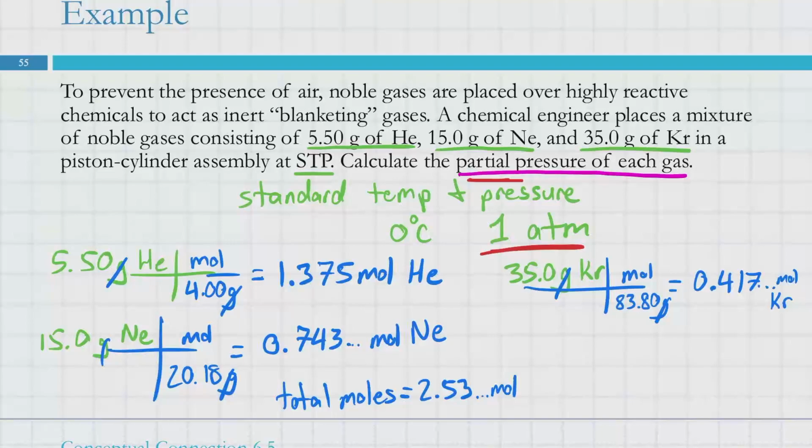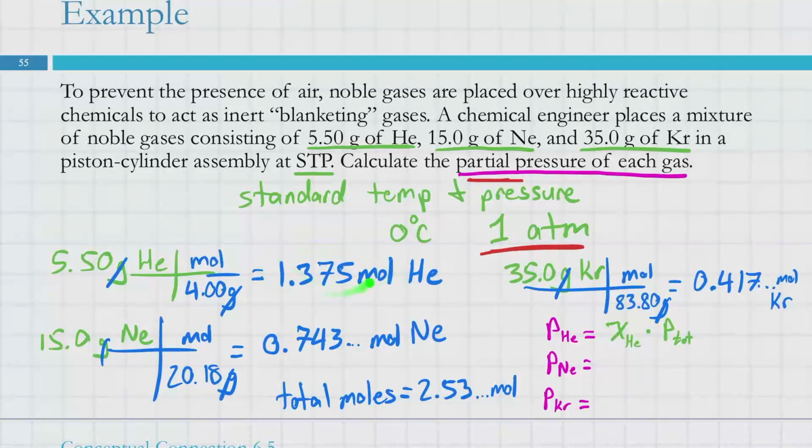So for each of our gases, our pressure of helium, our pressure of neon, our pressure of krypton, it's going to be the mole fraction times the total pressure. We said our total pressure is 1 atmosphere because we're at STP, so we just need to figure out what the mole fraction is.